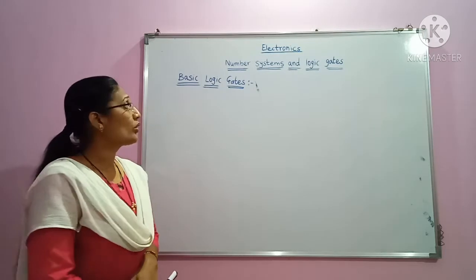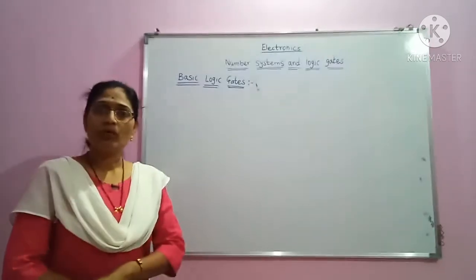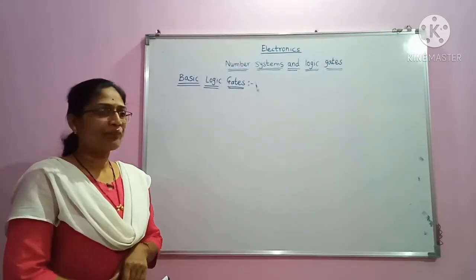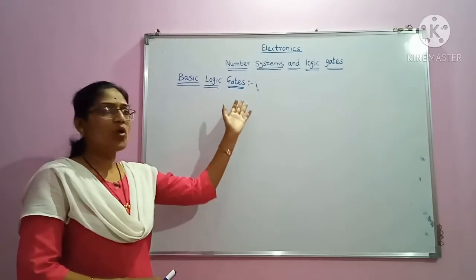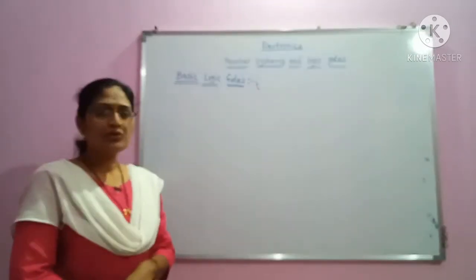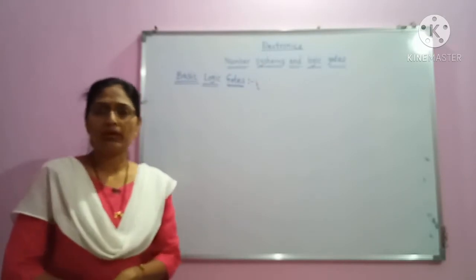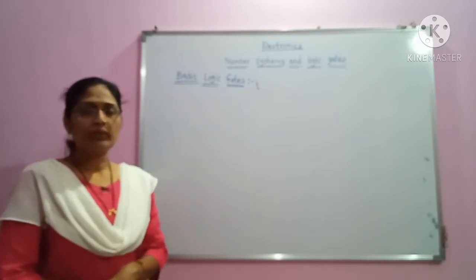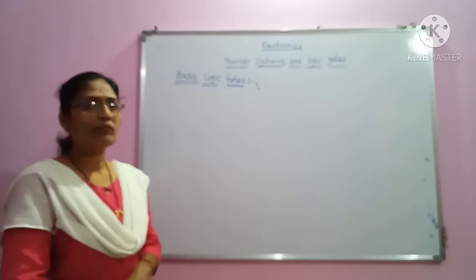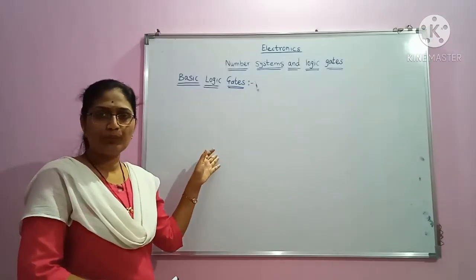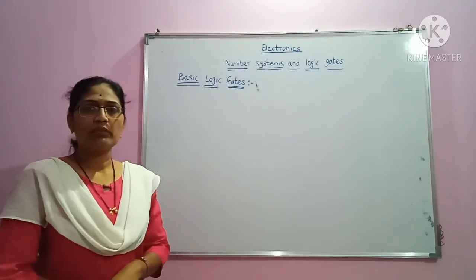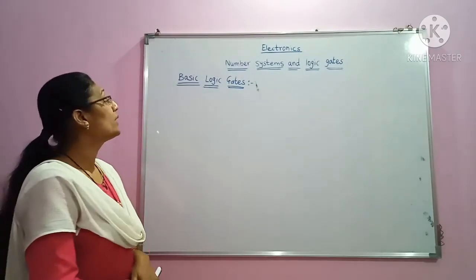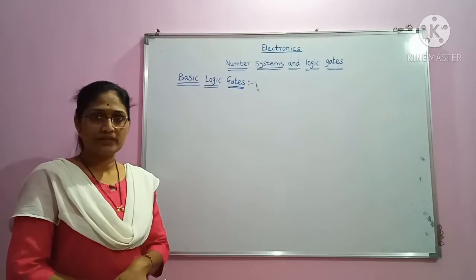Then the variation in the inputs and respective outputs is mentioned in a table, and that is called a truth table. The truth table will enlist the various possibilities of inputs and corresponding outputs. So the truth table is also very important in the case of logic gates.